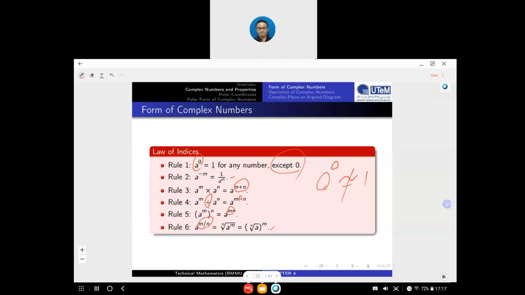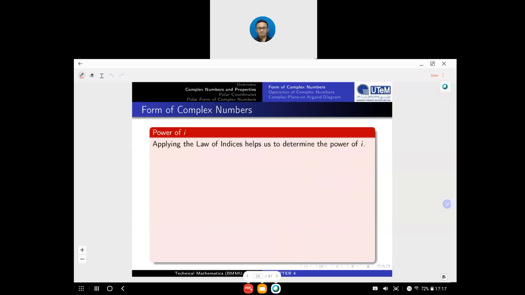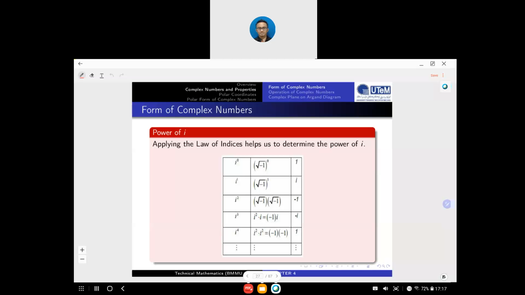A complex number is written as a plus bi. Usually we use it like this, a plus bi, where a and b are real numbers. a is called the real part, and b is called the imaginary part. The value that stays with the i: when you have a plus bi, this a is the real part and this b is the imaginary part.